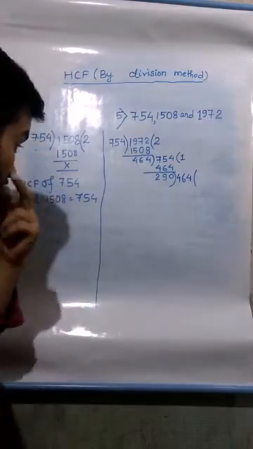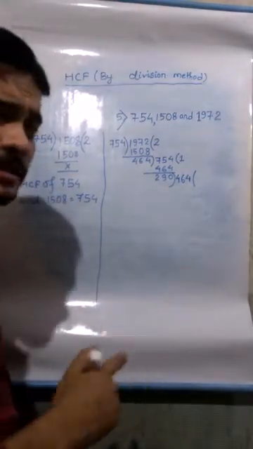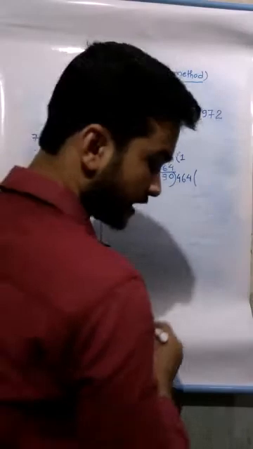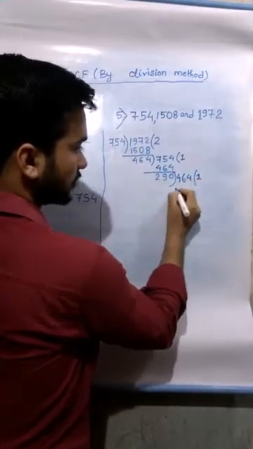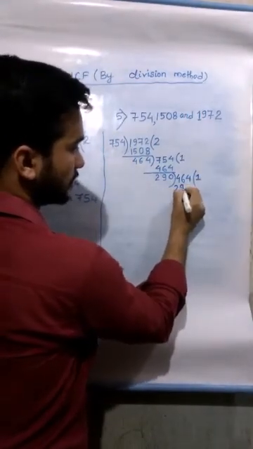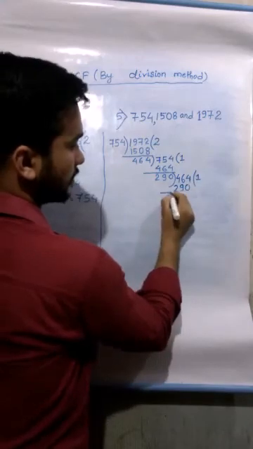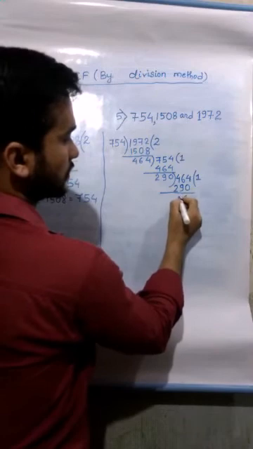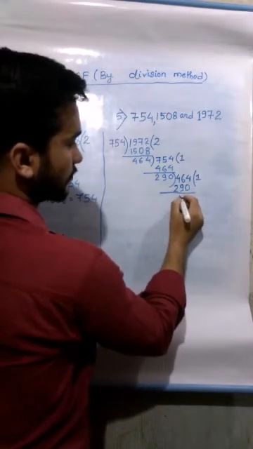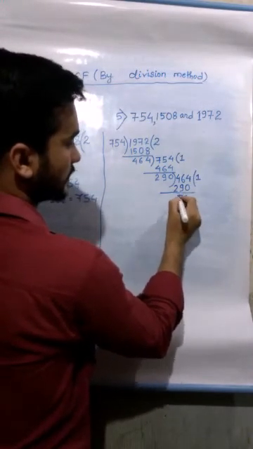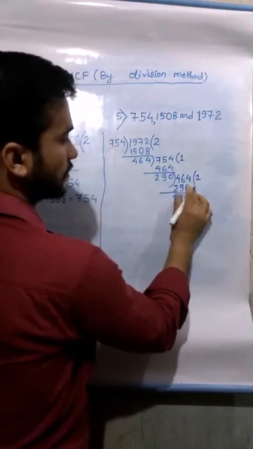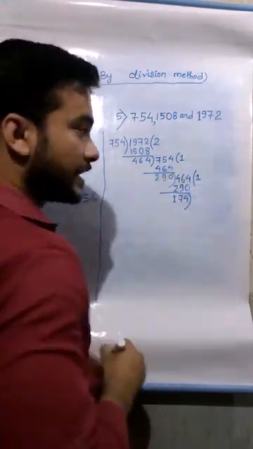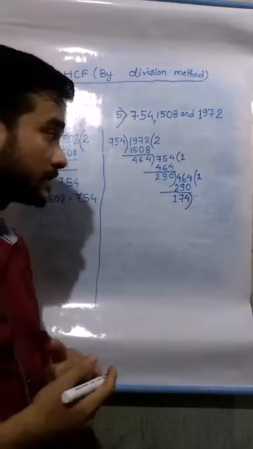Now with which number will we multiply? It is again simple. With 1 we will multiply this. 290. Now subtract it, 174. Now again we have to divide, as the remainder is not 0.